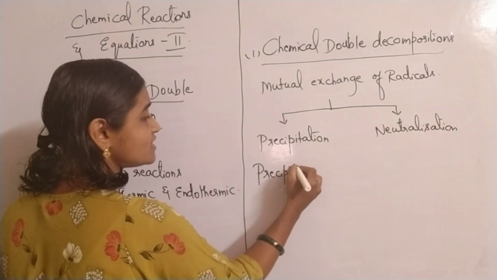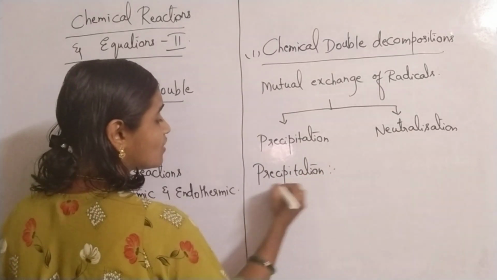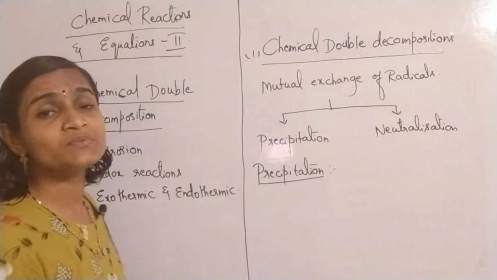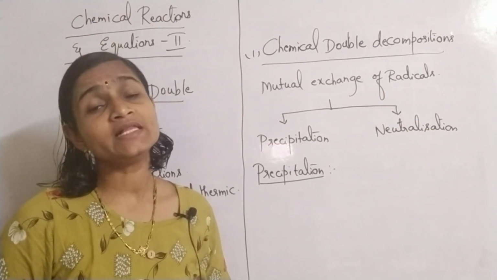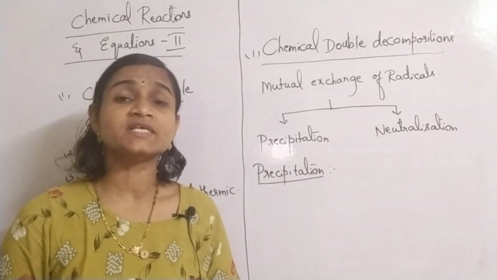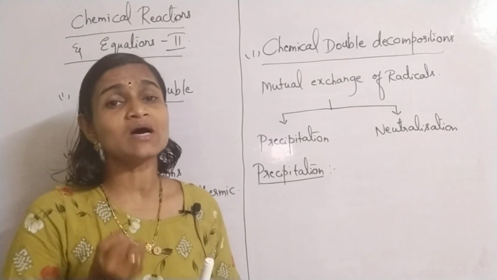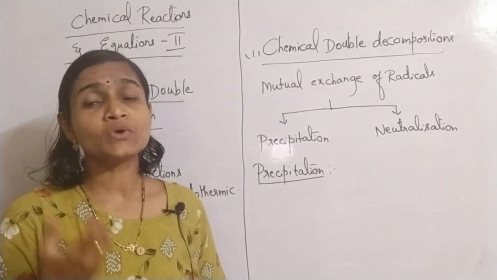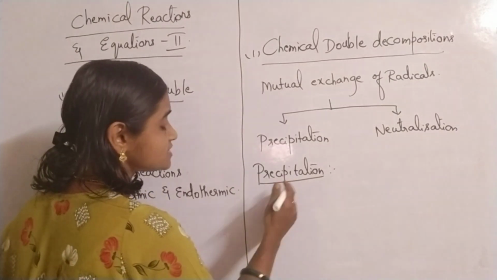These are reactions in which a precipitate forms. Aqueous solutions of two salts are mixed with each other, resulting in the formation of an insoluble solid substance, which settles down at the bottom of the test tube. We call it a precipitate.